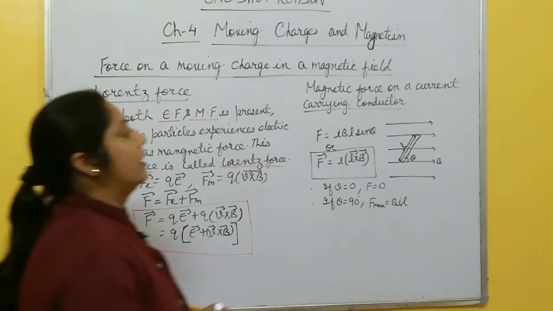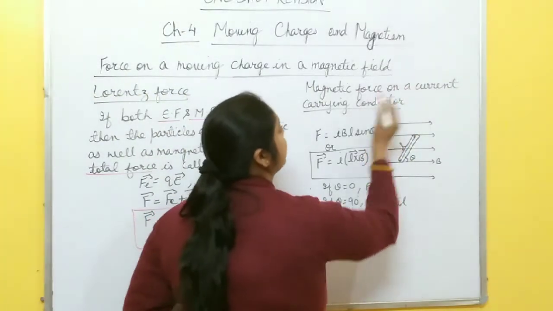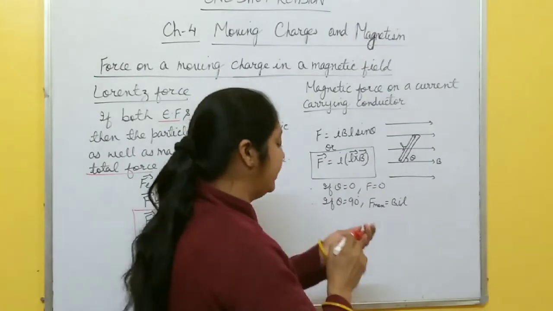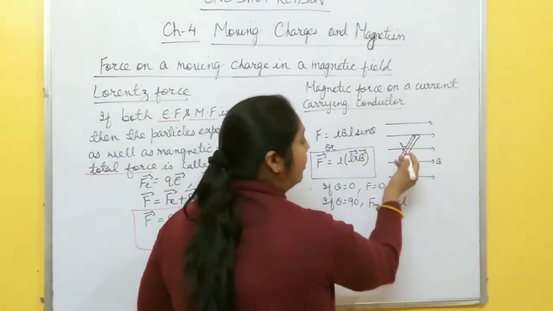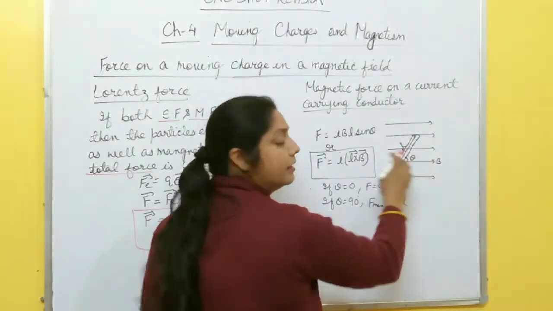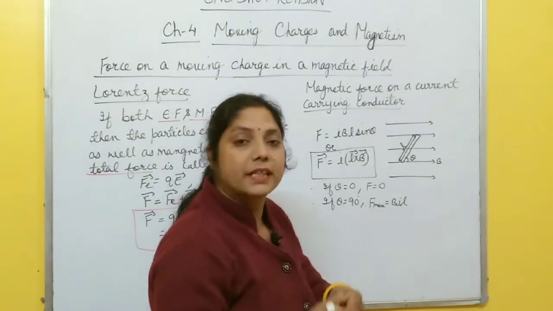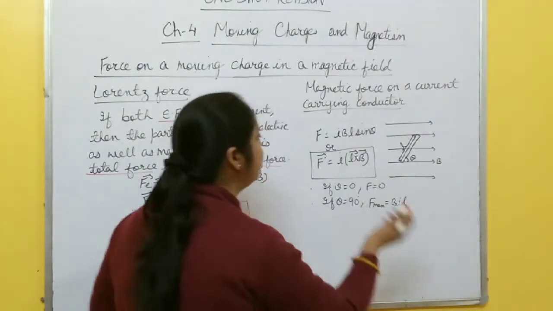After this, what is the expression for magnetic force on a current carrying conductor? If any current carrying conductor of length L is placed in a magnetic field, then it experiences some force. What is the value of that force?